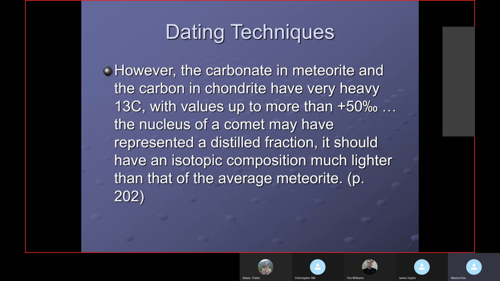So it would have the heavier carbon in it. It should have an isotopic composition much different from that of the average meteorite. So if you get meteorites or something coming from space, you're going to have a different ratio of these isotopes. And that would apply also to oxygen isotopes as well.